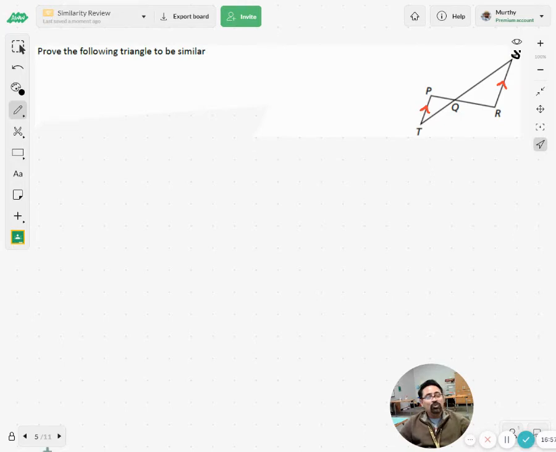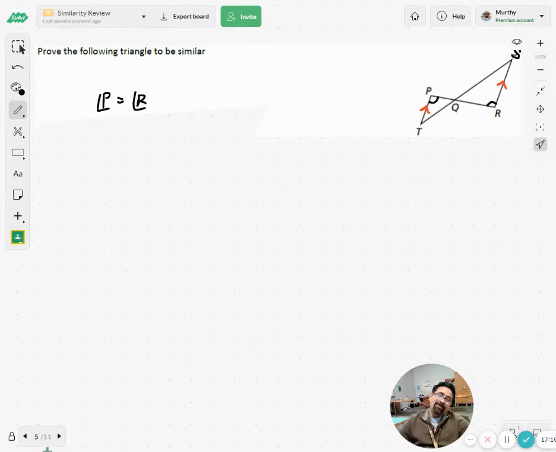This indicates that these two lines are parallel. I think I need not explain much because angle P and angle R, these two are equal.